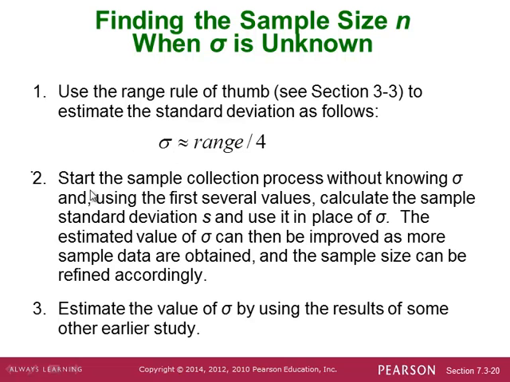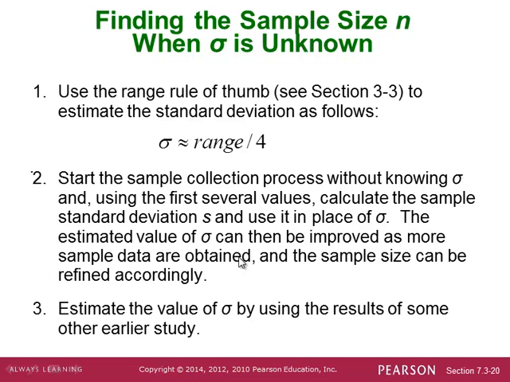Another thing that you could do is start the sample collection process without knowing sigma. And so you can use this estimate up here, and then, with maybe a smaller sample size, calculate the sample standard deviation S and use it in place of sigma.